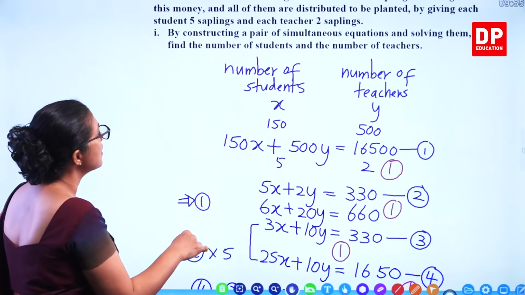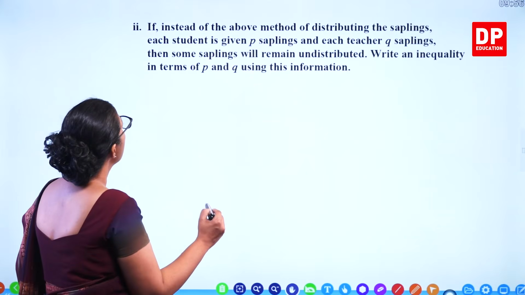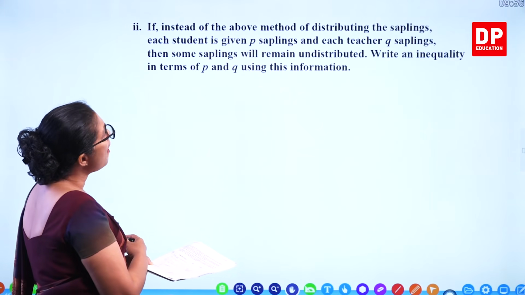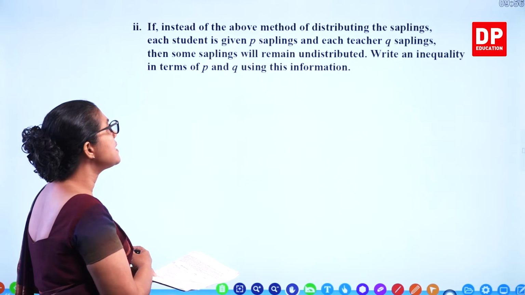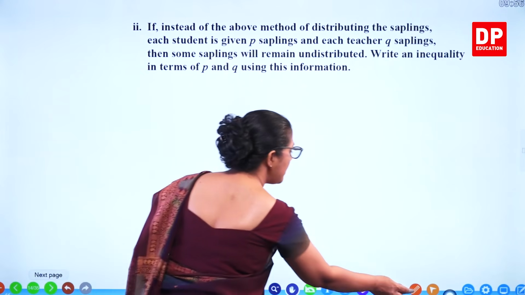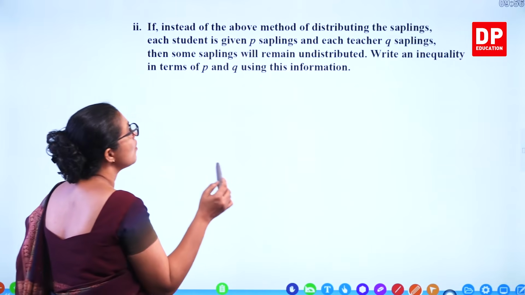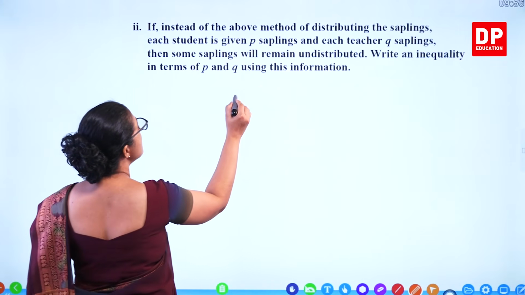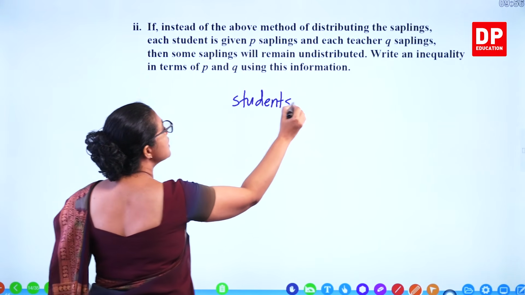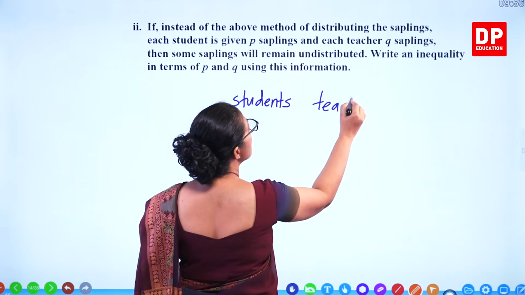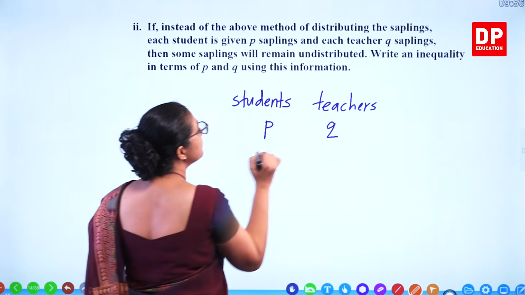That's the first part. Now we'll take a look at the second part. If instead of the above method of distributing the saplings, each student is given P saplings and each teacher is given Q saplings. So students, teachers, P saplings and Q saplings.